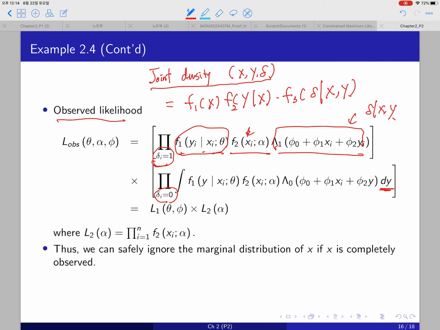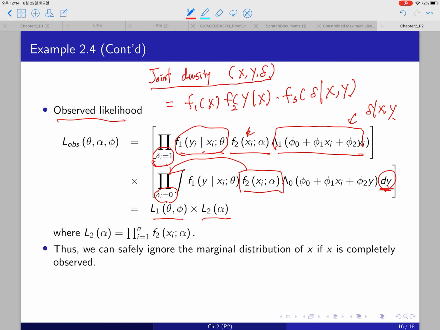Once you write it out, you can immediately realize that this part has nothing to do with this integration, so it can go outside. Then you can factorize it.